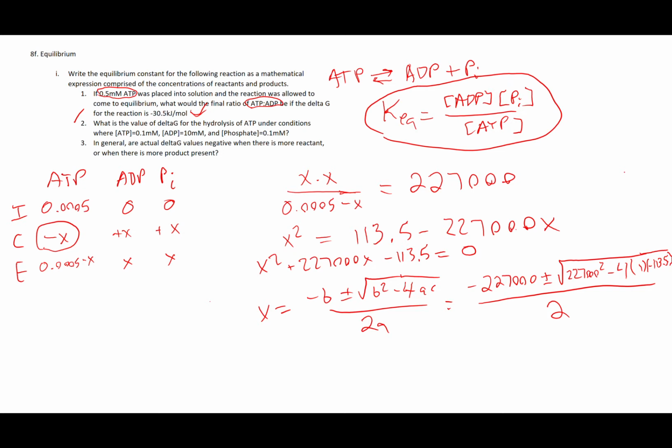All right. So let's start simplifying this down a little bit. So 227,000 squared minus 4 times negative 113.5. And then we'll take the square root of that.